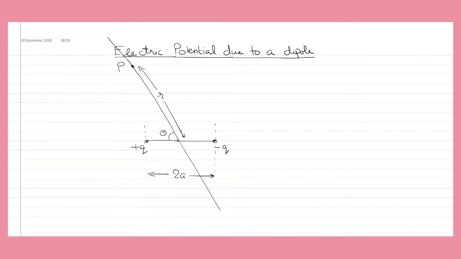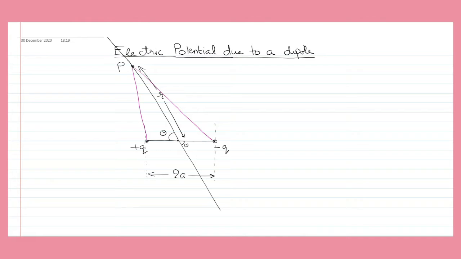From plus q, the distance is slightly smaller than r, and from minus q, the distance is slightly larger than r. This also I can keep as theta.